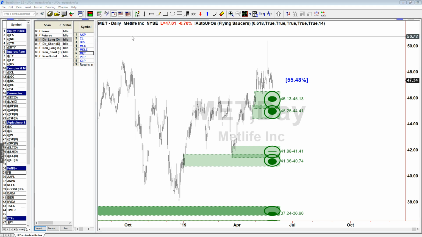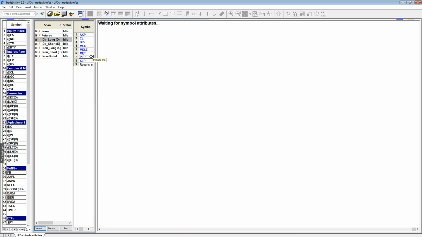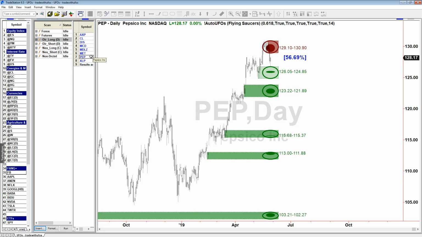So MedLife and McDonald's will be the two trades, it seems, that I'm going to be looking at, especially MedLife. PepsiCo, great, we have the green UFO, but we also have the red close by, so we'll pass on that. And XLP, I'll pass on it as well because it's an ETF. So when it comes to directional longs, I shared a little bit of the thoughts in the back of my mind when I'm looking at what the market is giving me today.